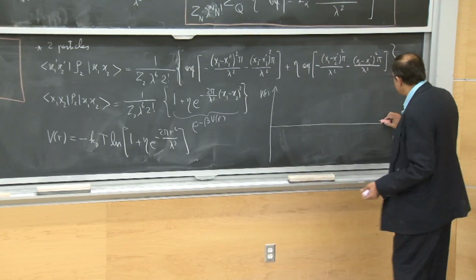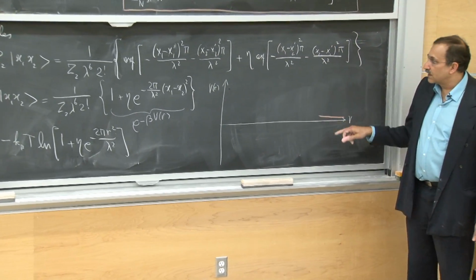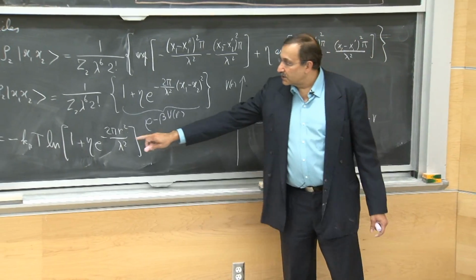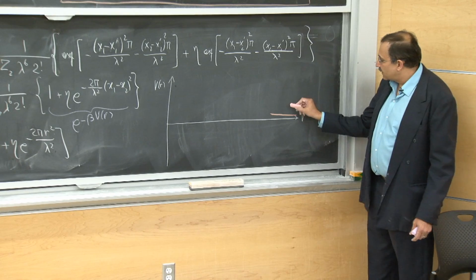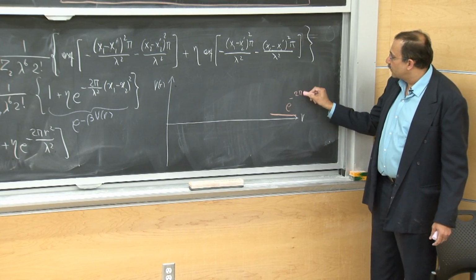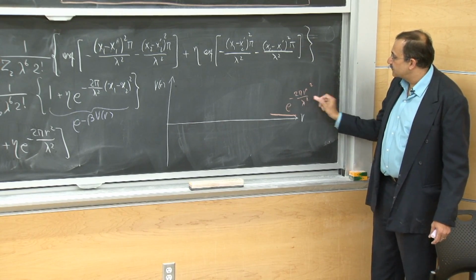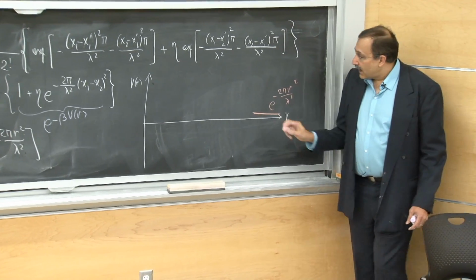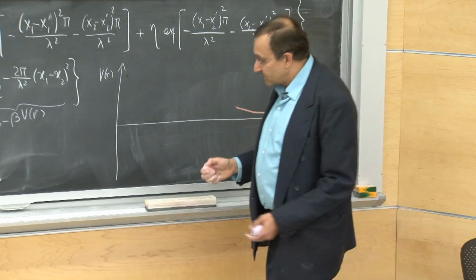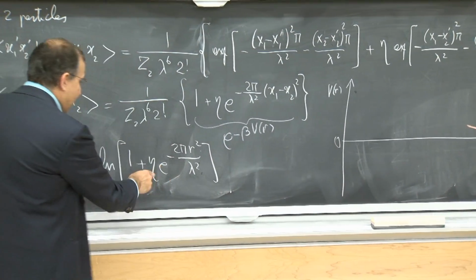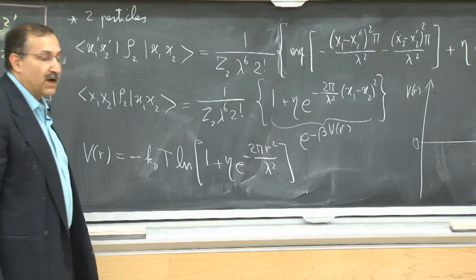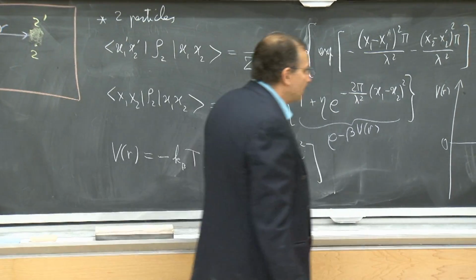At large distances, it would be exponentially going to 0, because I can expand the log and get a term that is minus 2 pi r squared over lambda squared. As I go towards r equals 0, things become very bad: I get 1 minus 1, and the log will diverge.